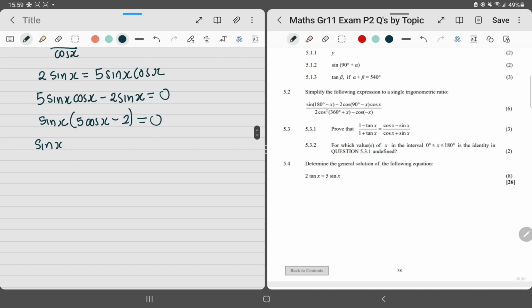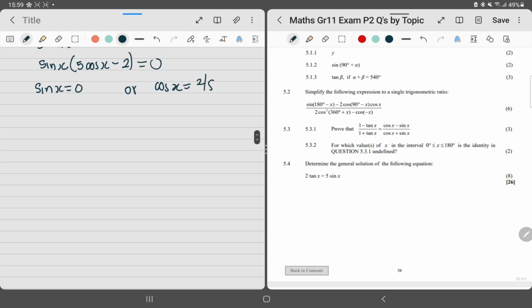So sine of x should be equal to 0, or cos of x should be equal to 2 over 5. The reference angle there is arc cos 2 over 5.